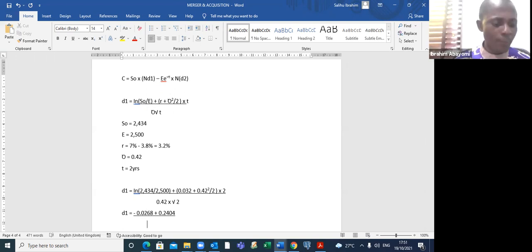Now press square root of 2 on your calculator, press equal to, multiply by 0.42. You first press square root of 2, then whatever you have, multiply by 0.42, which is the standard deviation. That will give you 0.5940 approximately.